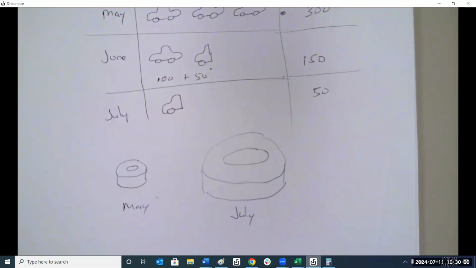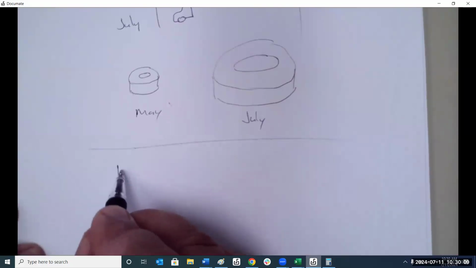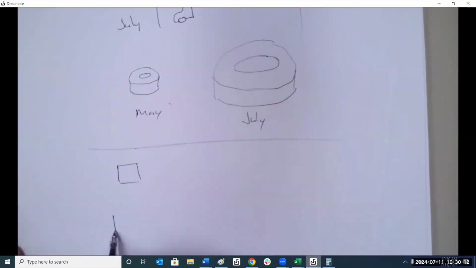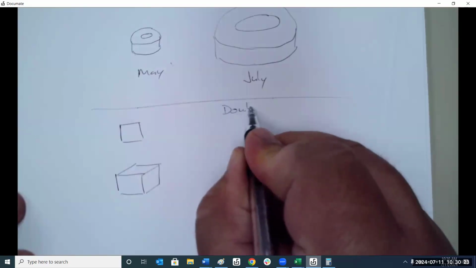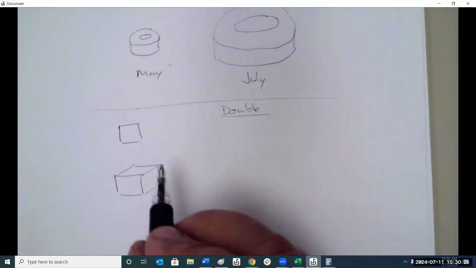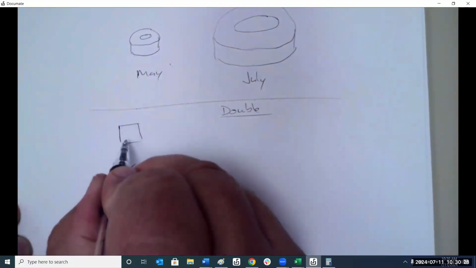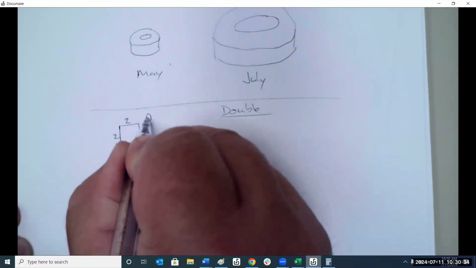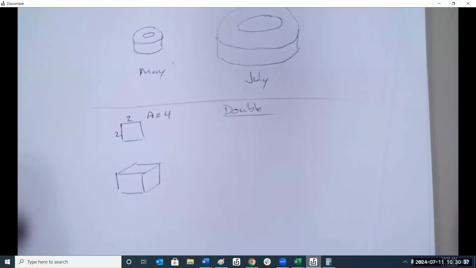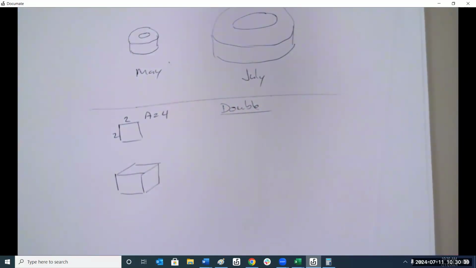And here's an even more important thing. When you expand things, for example, when you expand a 2-dimension object, like a square, as opposed to a cube, if you double these, so if the area of this one was 4, if we double it, what happens to the size?